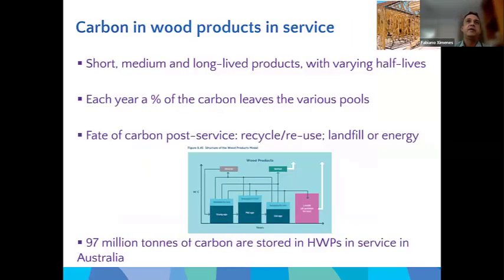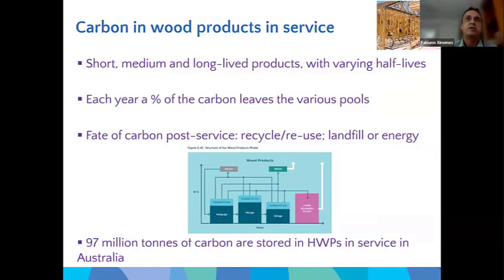So just the first element there, carbon in wood products and service. Basically, we quantify how much carbon is in the various types of wood products that we use in our daily life. And that's basically divided into different age classes. Short-lived products such as paper, medium-lived products, which if you think about, say, particle board or MDF panels for cupboards and things like that.